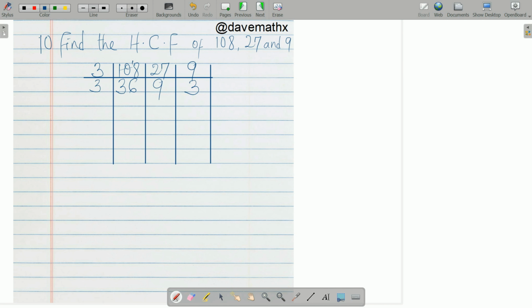We go with 3 again since it can still divide all. 3 into 36 is 12, 3 into 9 is 3, while 3 into 3 is 1. Hence the HCF is 3 times 3, which is 9.